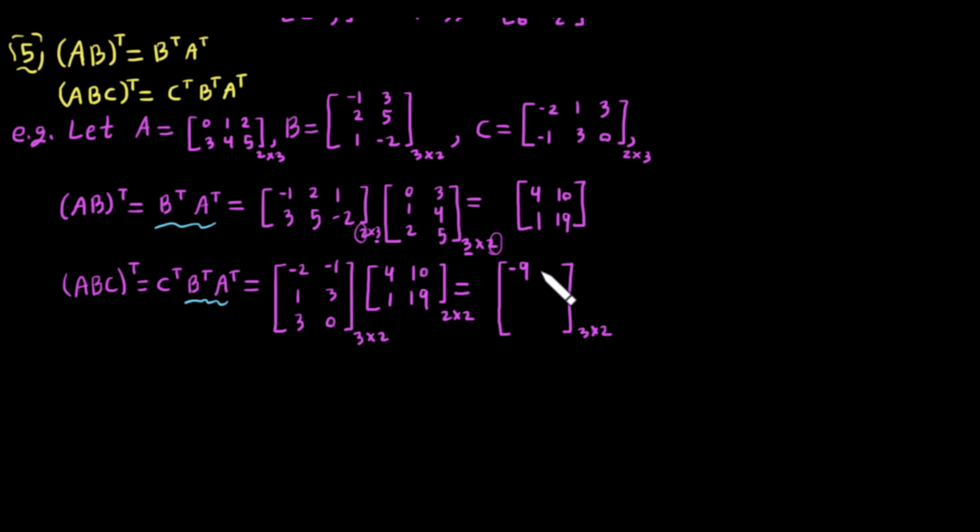So here I have to write -39. To find this element here, I have to multiply this row by this column. 1 multiplied by 4, which is 4, plus 3 multiplied by 1, which is 3. 4 plus 3 is 7. So here I have to write 7.